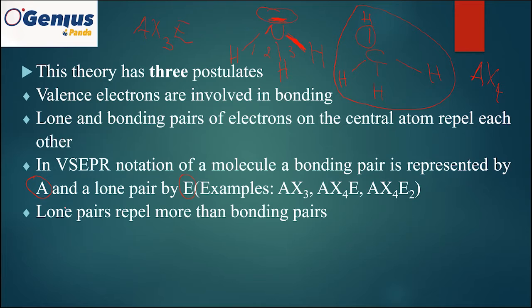Lone pairs repel more than bonding pairs. This is because they are not experiencing an attraction between 2 nuclei. You can see the lone pair, which is here, doesn't have a nucleus attracting it from the upper side. It is only being attracted by the nucleus of nitrogen.